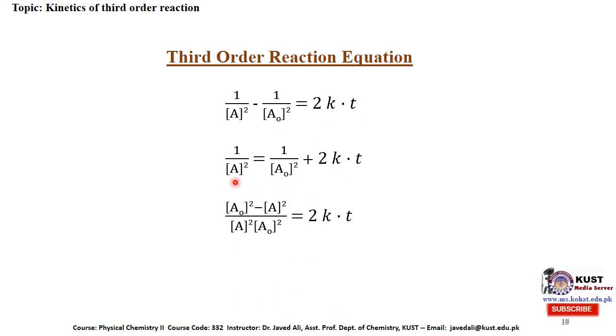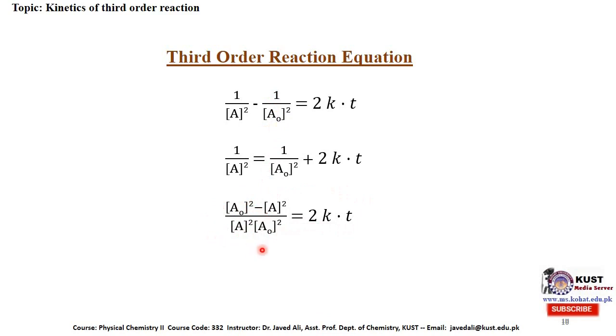We can further rearrange this equation by taking LCM of 1 divided by A square and 1 divided by A naught square. We get A naught square minus A square divided by A square A naught square is equal to 2kt.